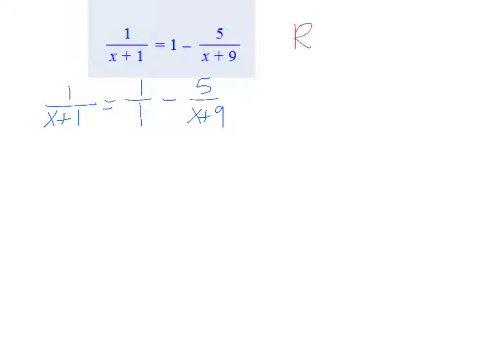Let's come look at our restrictions. Anything that makes your denominator 0, and you go through each one of your denominators. I don't want x to be a negative 1. That would create a 0.